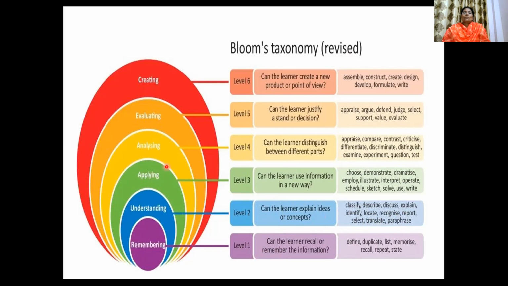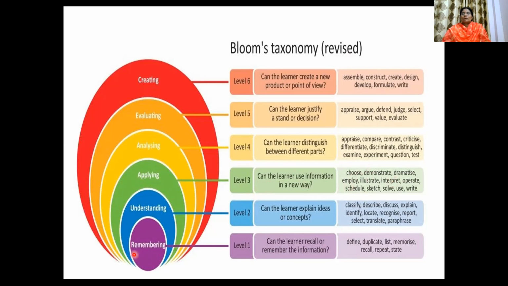And then we go to the third level, that is applying. Whatever you study in the definitions or the concepts, and then understand, will be applied in the application part. So the learner can use this information and apply it to those circuits.